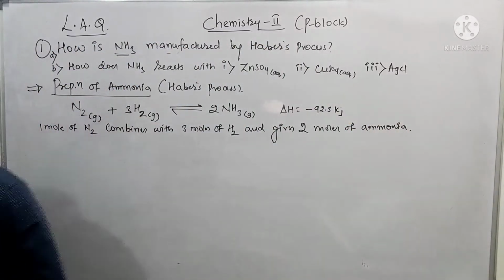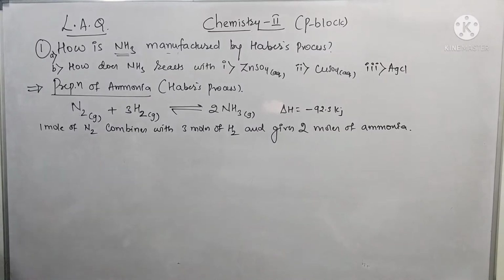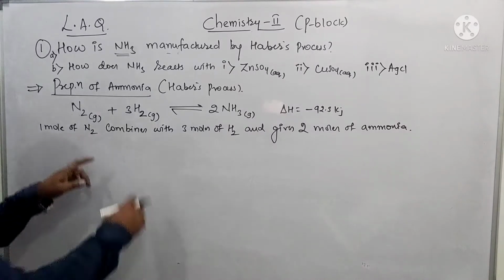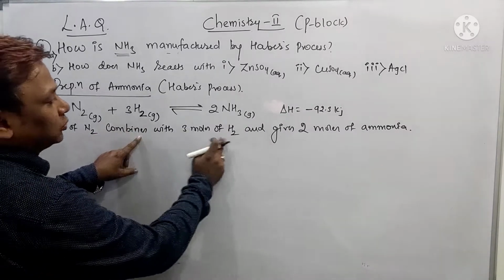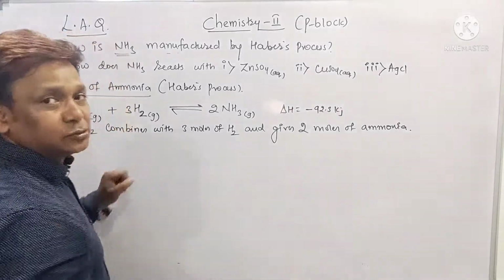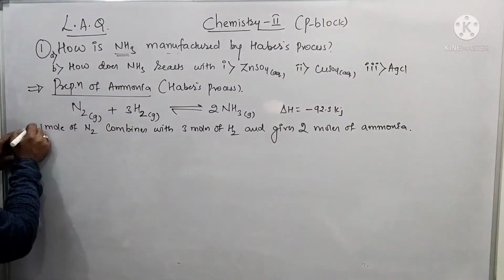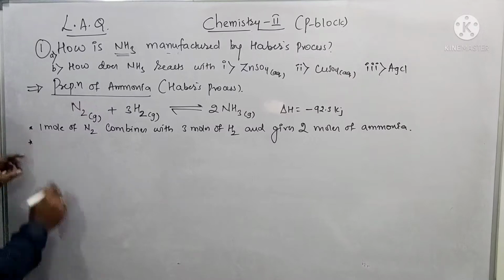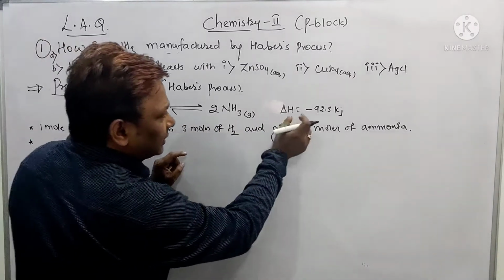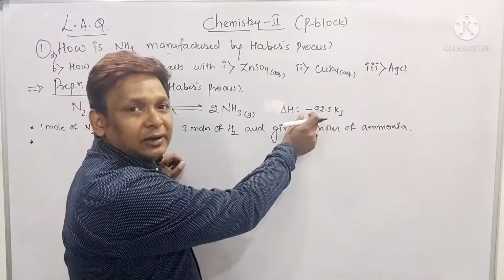By seeing the equation we are able to write the statement as it is given here: 1 mole of N2 combines with 3 moles of H2 and gives rise to 2 moles of ammonia. The first point was over. Second point, beta: this reaction indicates that delta H value is positive or negative?